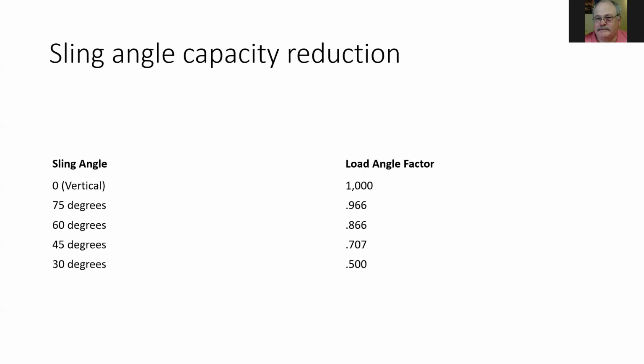So if the sling is seeing 1,000 pounds of load, then it's going to be 1,000 pounds of vertical force. At 60 degrees, you'll see we have approximately a 13 to 15% reduction in the sling capacity. I always remember it's 15%. It's easier to do the math. At 45 degrees, we have a 30% reduction. And at 30 degrees, we have a 50% reduction.